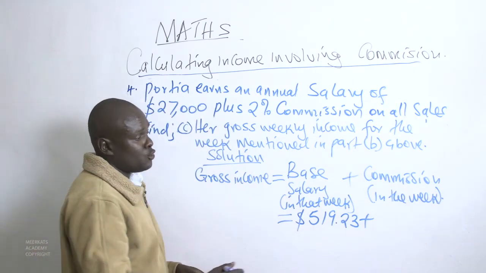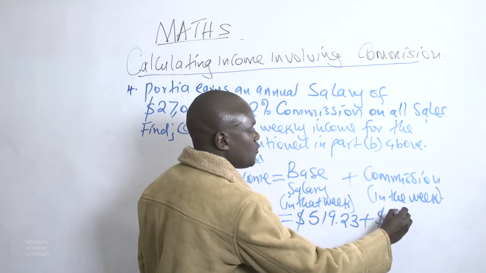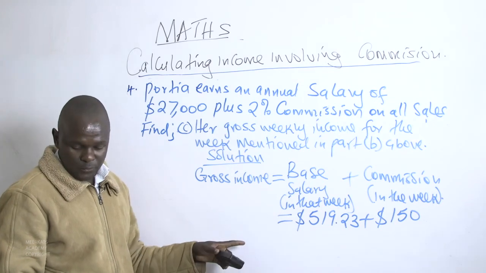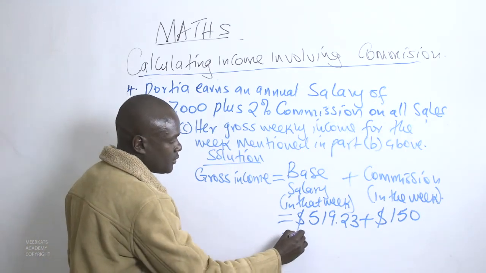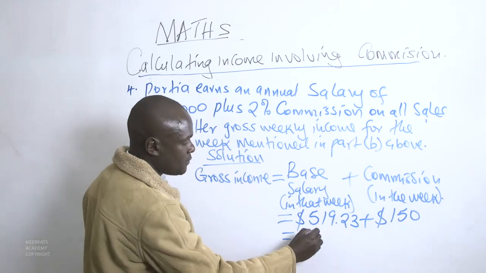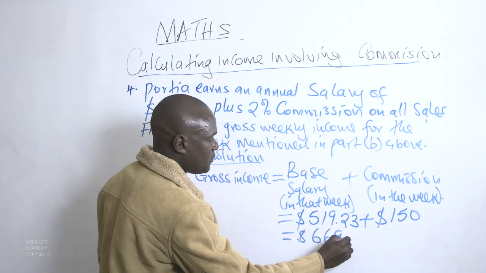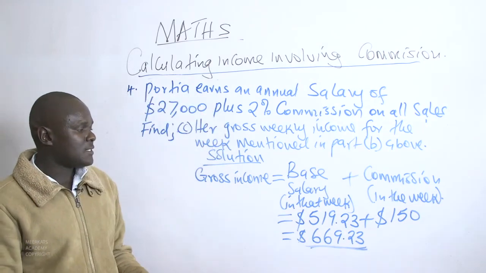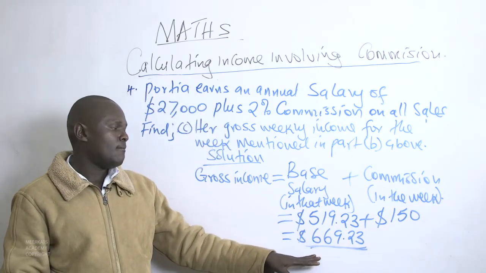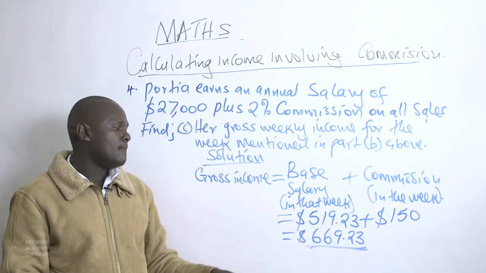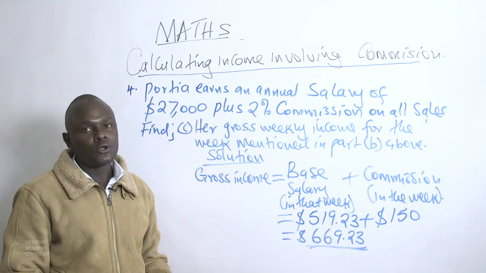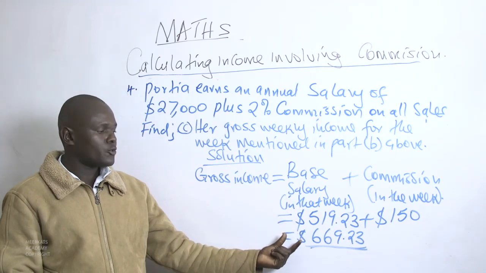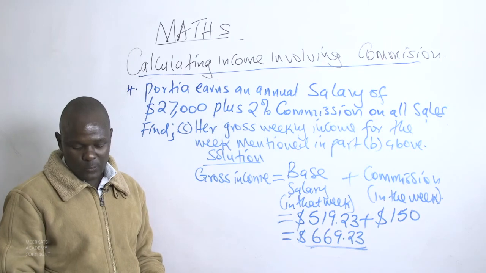And the commission is $150. When we sum, we are going to get $669.23. This is her gross income in that particular week.